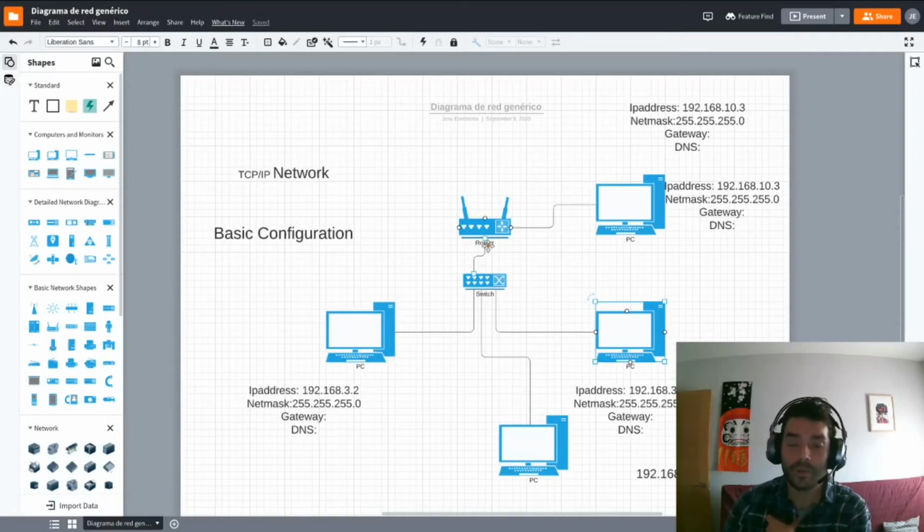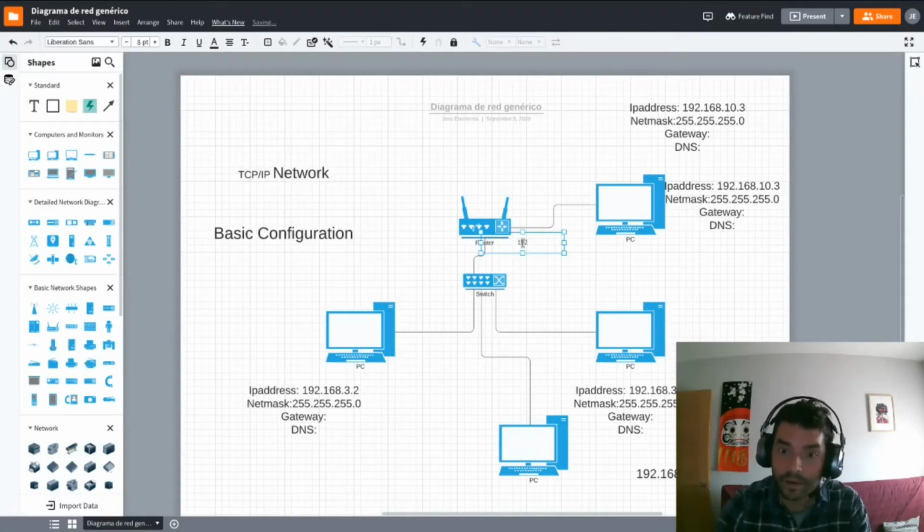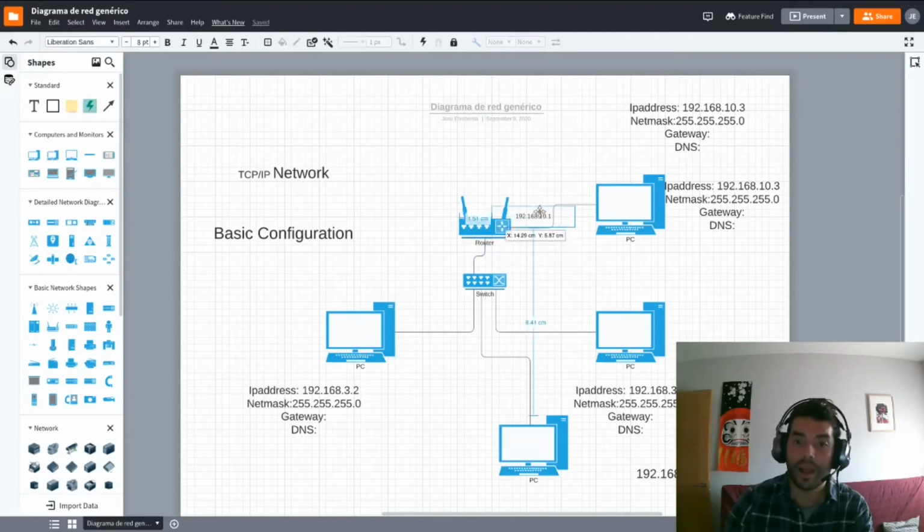Okay, so this router needs to have at least two different IP addresses of two different networks so it can communicate with both of them. Okay, so this router has two network adapters. Okay, here it has one in 192.168.10.1, maybe an address of this network.